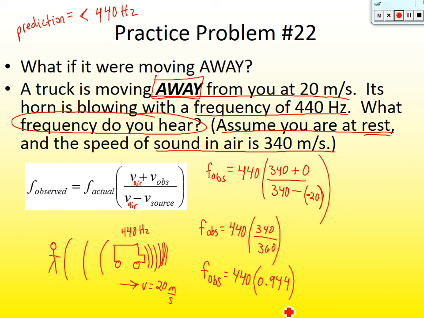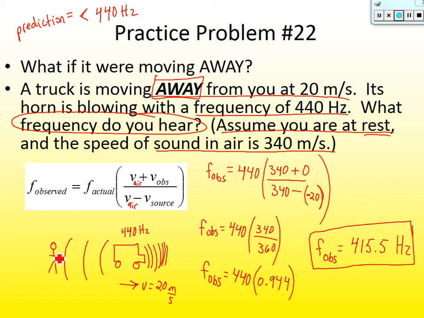And if we multiply that by 440, the frequency that you are going to observe is 415.5. And what are the units for frequency? Hopefully you're saying to yourself, it's hertz. So it's going to be 415.5 hertz is what you're going to hear it at.